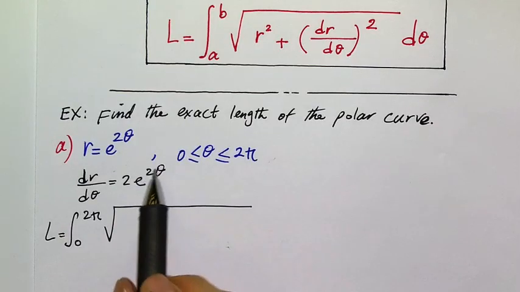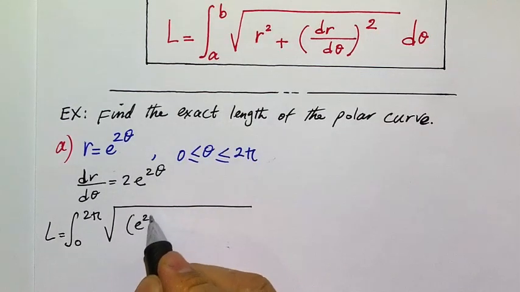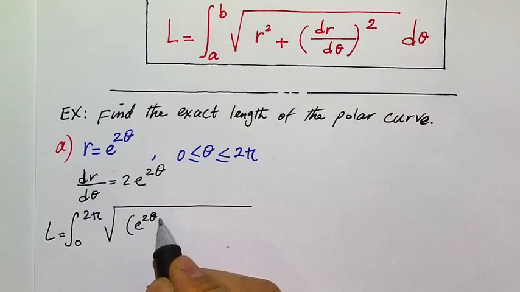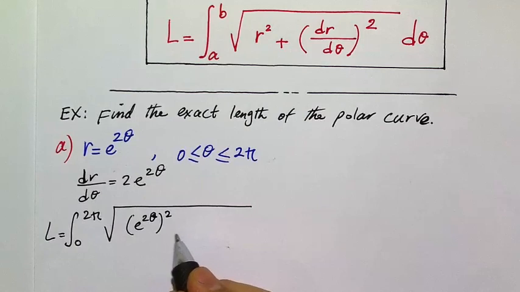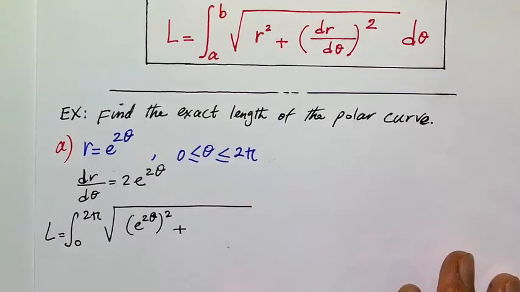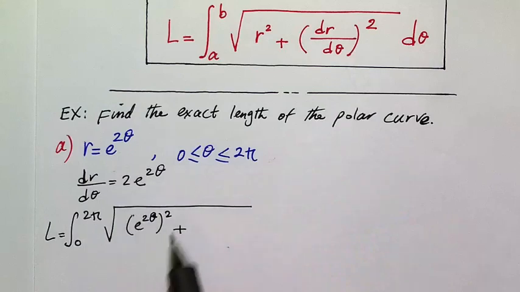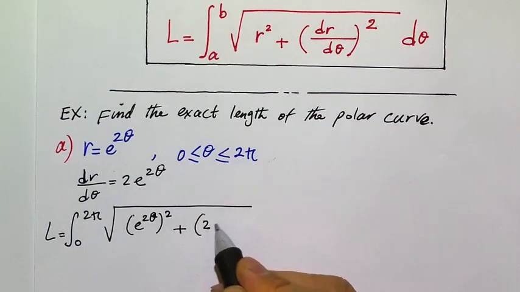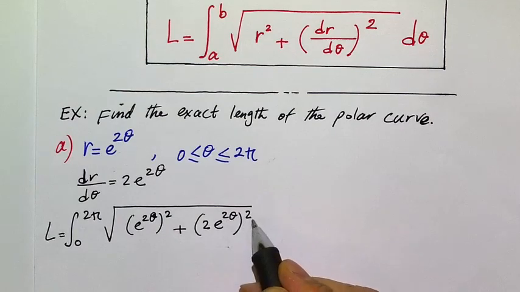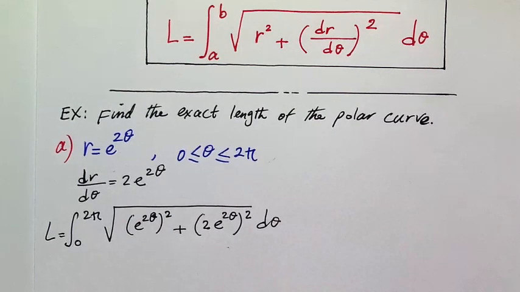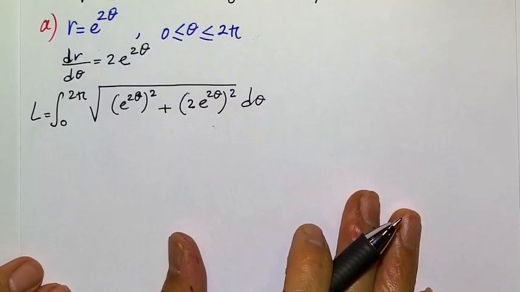let's see, so r squared, which is this squared, e to 2 theta power squared, plus dr d theta squared, and that's 2 times e to 2 theta squared, and then d theta. Okay, we don't need the formula anymore.